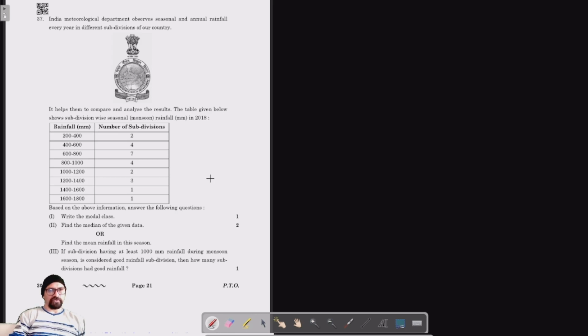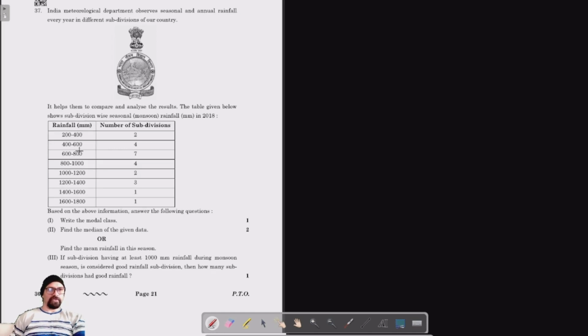Given below is the table which shows the subdivision-wise seasonal rainfall, that is in millimeter, in 2018. So the table is given.